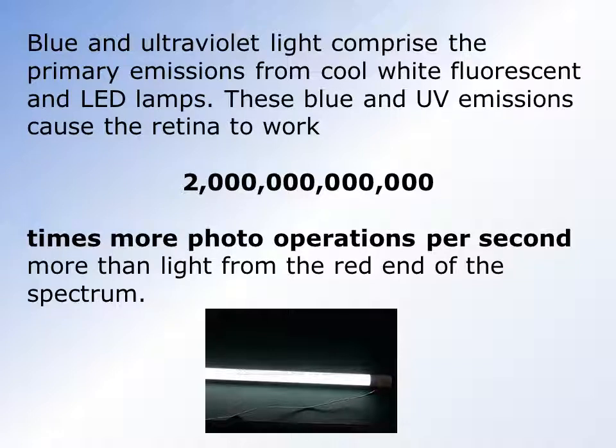That's 12 zeros, people, and do that many more operations per second than light from the red end of the spectrum. Now the spectrum goes from ultraviolet as super fast through blue, green, red, and infrared, which is super slow, and it too is invisible, but we feel it in the form of heat.